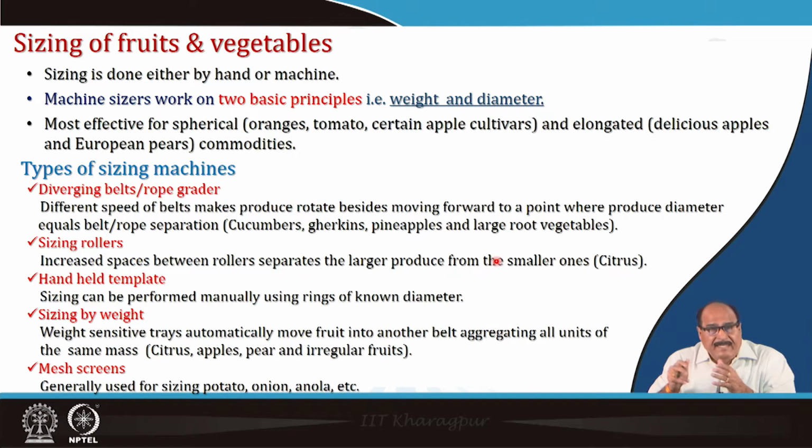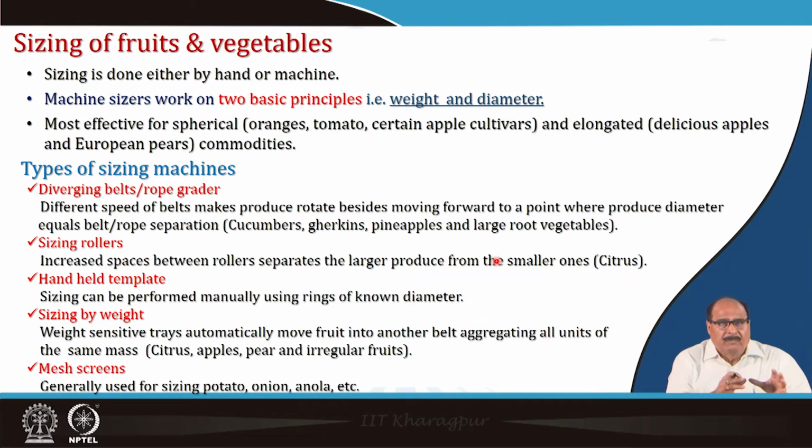Then sizing of fruits or vegetables. Sizing is done either by hand or by machine. The machine sizers work on two basic principles, that is, one is weight and the other is diameter. Sizing is most effective for spherical commodities like oranges, tomatoes, certain apple cultivars, and elongated commodities like delicious apples and European pears.